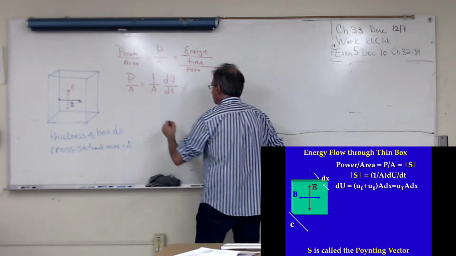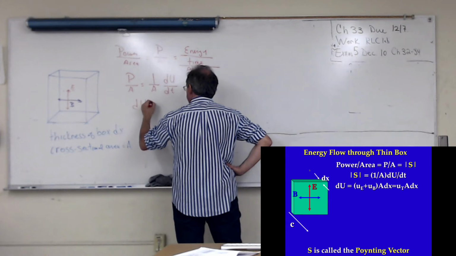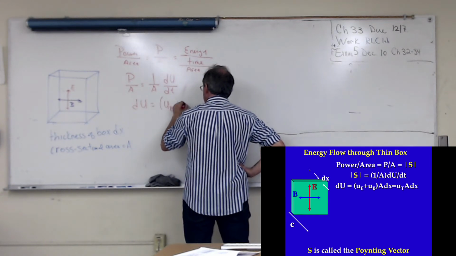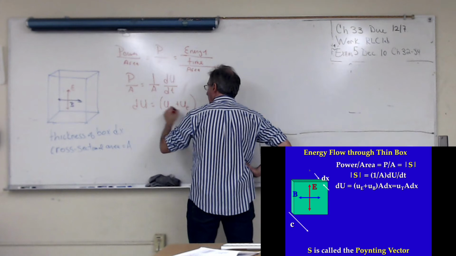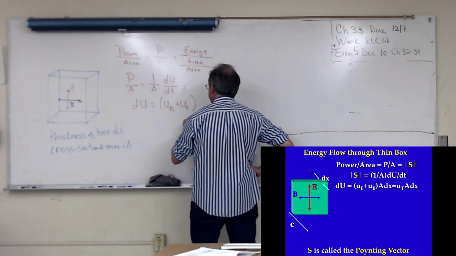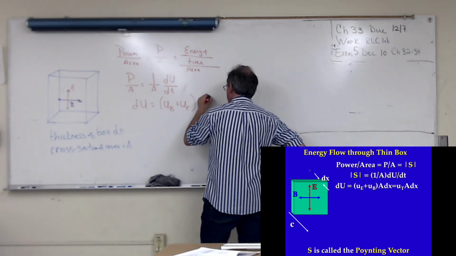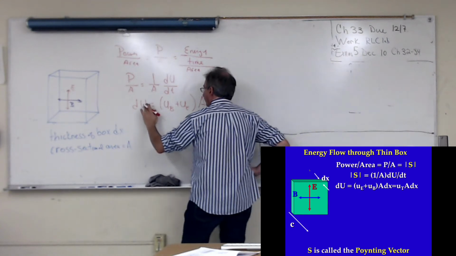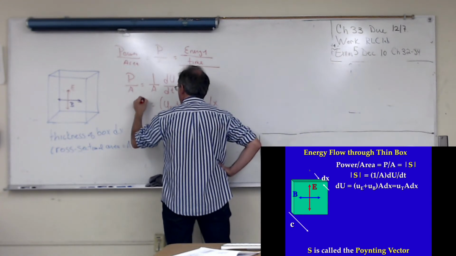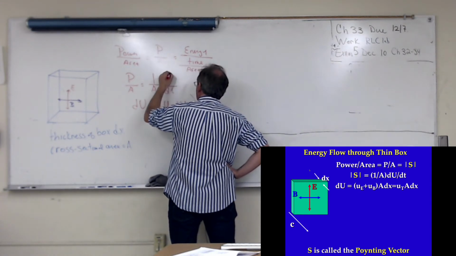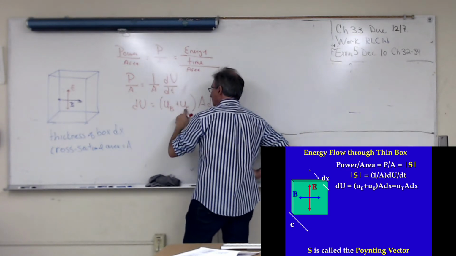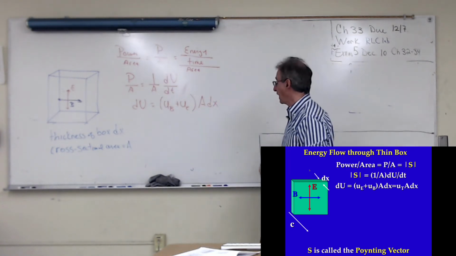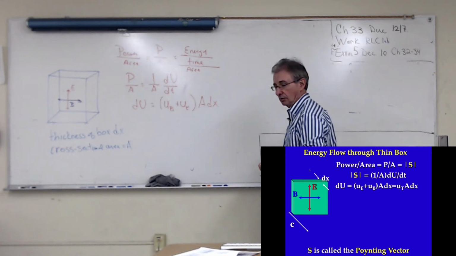So let's write dU is equal to u sub B plus u sub E through this volume. These little u's are energy density. The big U is the total energy in the volume. The volume I have is A times dx.